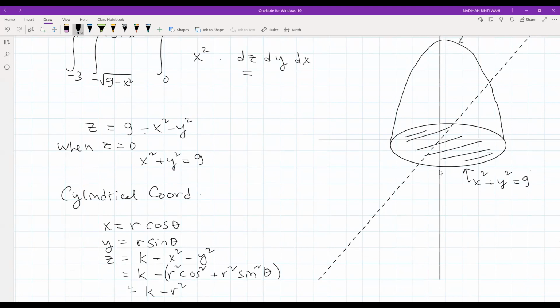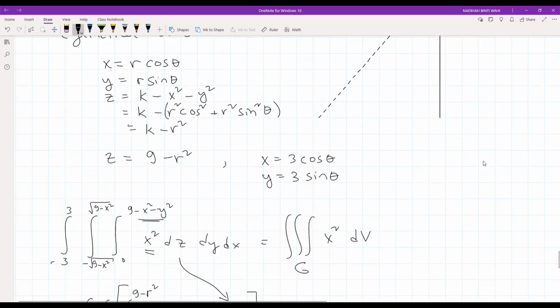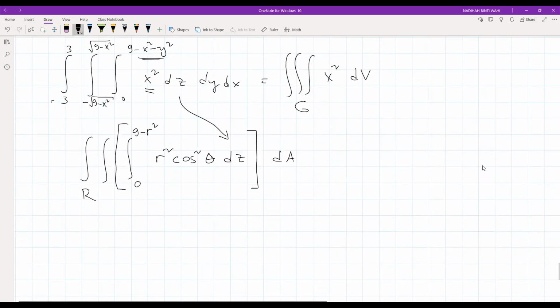So now I don't have to calculate the Jacobian, because I know that the factor will be just r dr d theta. You don't have to do it one more time. So I can just write this in terms of dA.